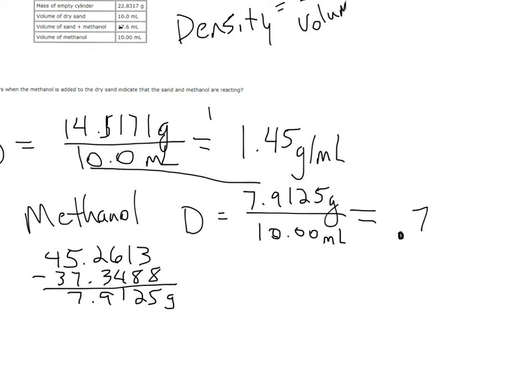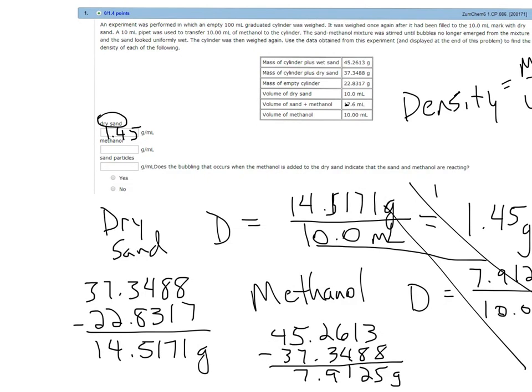That means that the density may be recorded to 4 significant figures, and that gives you 0.7913. So we can record that, 0.7913.